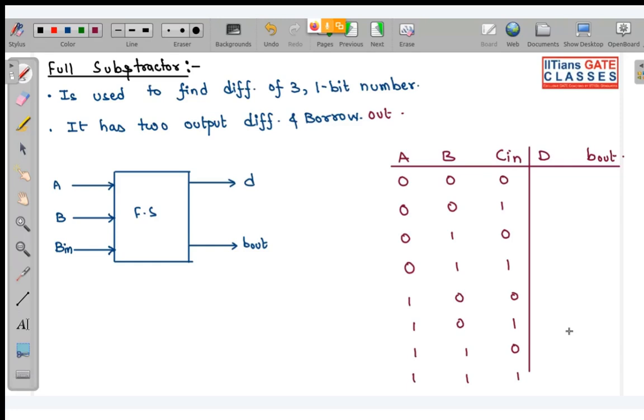Means expression. Tell me expression. Don't tell me this one, okay?